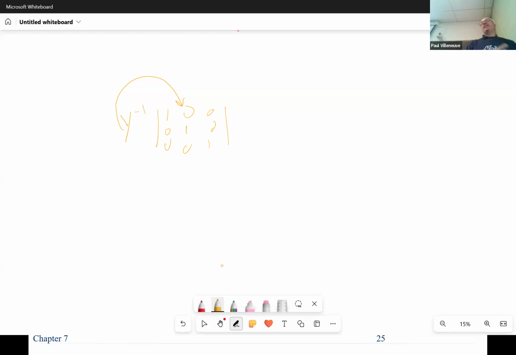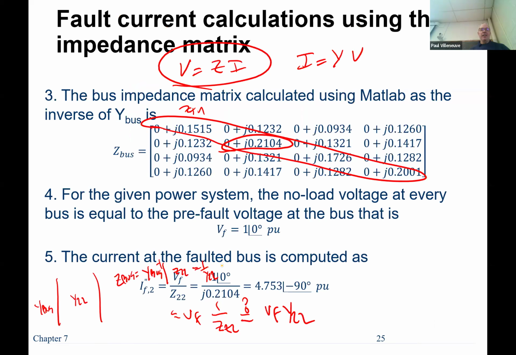Whatever I need to do, I need to make it the same. So it will not be the same unless your Z bus only has elements on the diagonal and these are all zeros. That's the only time they'll be the same. But excellent question. No, they will not be the same. That's why I'm trying to talk about it as Z22, not the actual transfer admittance, but the Z bus inverse.